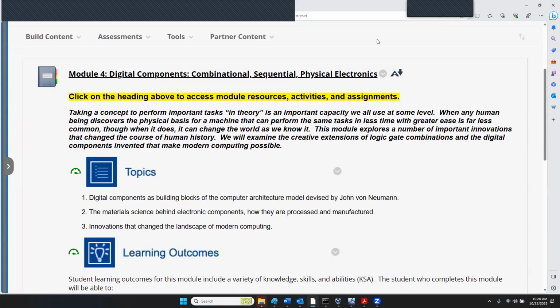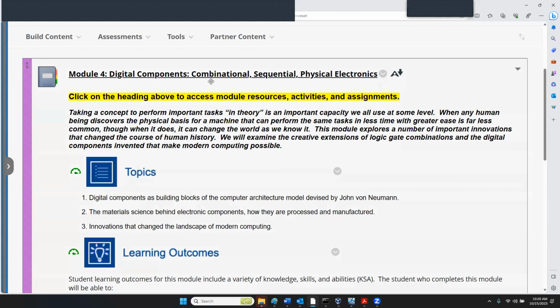What you see today is the cover page for our module 4 content in Blackboard. We're going to be getting into the actual physical hardware. To me, the theory of logic gates and how you can use them to create complex logic gates to build digital components is half the charm.